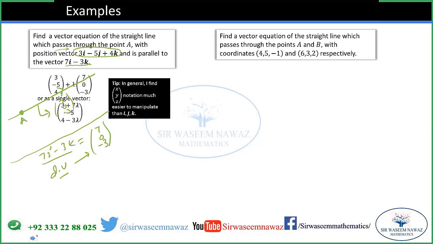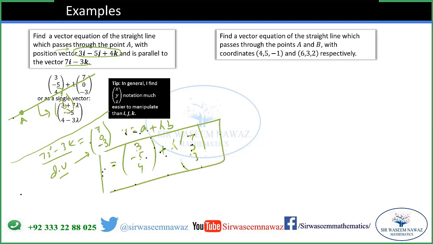So what we got is that our initial point was 3, minus 5, 4 and our direction vector was 7, 0, minus 3. So what will be the equation of our line? That will be r is equal to a plus lambda times b, so 3, minus 5, 4 plus lambda times 7, 0 and minus 3. So this is my vector equation of this line.